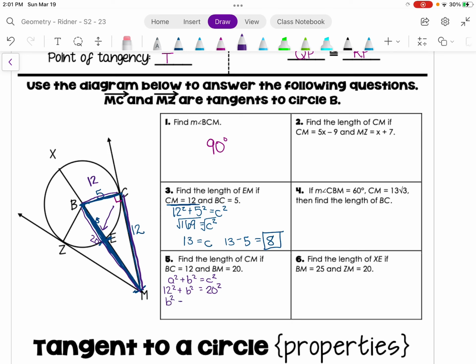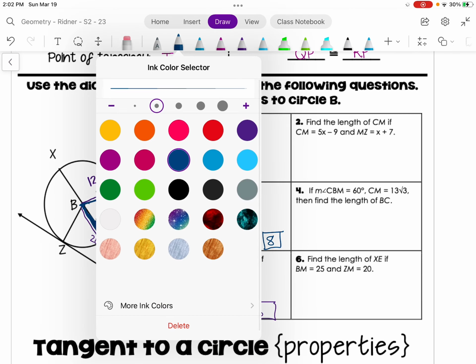So b squared is going to equal 20 squared minus 12 squared, which is 256. Take the square root, and b equals 16, which is what we're looking for there.